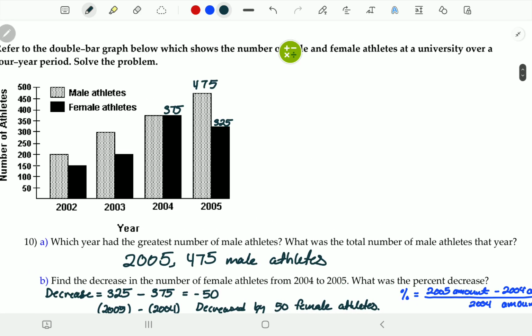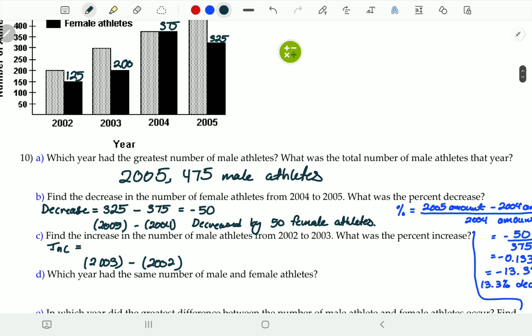The number of male students in 2002 appears to be 125. So let's put 125 here. And then in 2003, it appears to be 200. So let's subtract the 2003 amount of 200 with the 2002 amount of 125. And that equals 75.